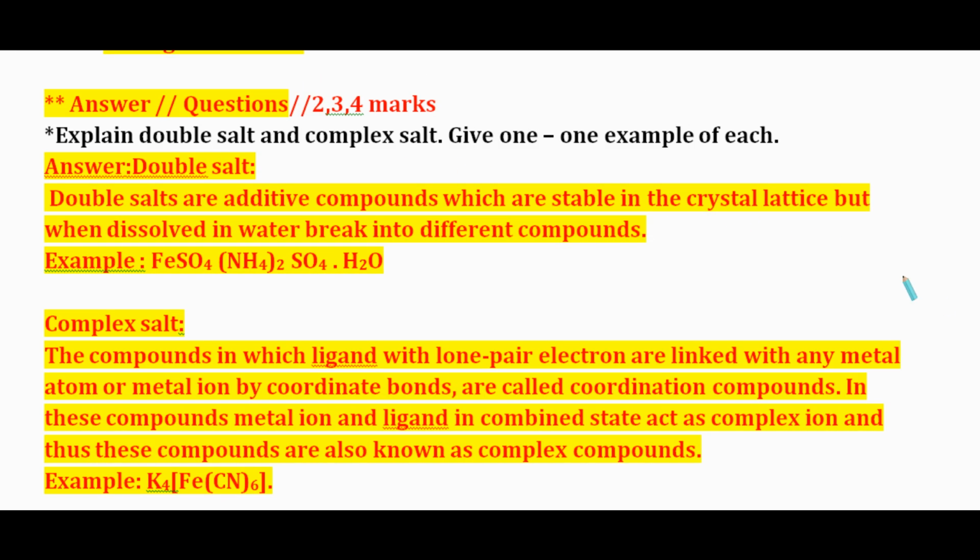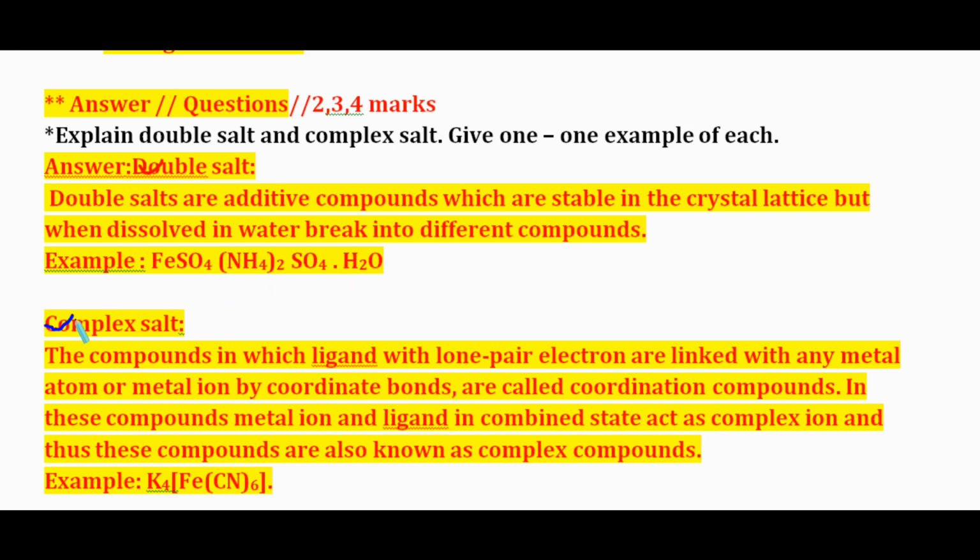Now the questions which are asked for 2, 3, 4 marks. Explain double salt and complex salt. Give one example of each. Double salts are additive compounds which are stable in the crystal lattice but when dissolved in water break into different compounds. Example: FeSO4.(NH4)2SO4.6H2O.